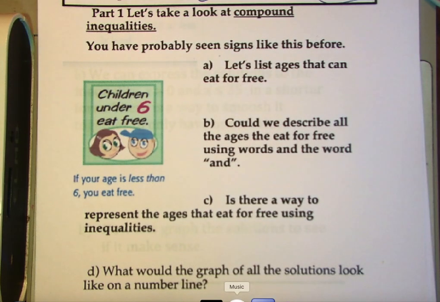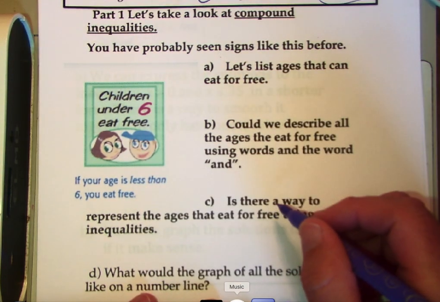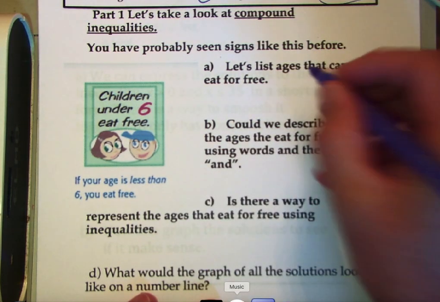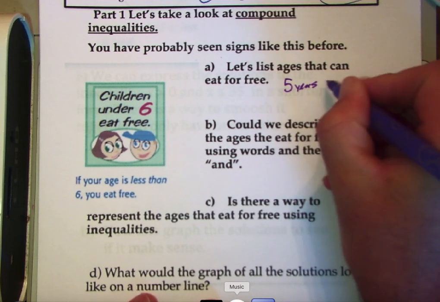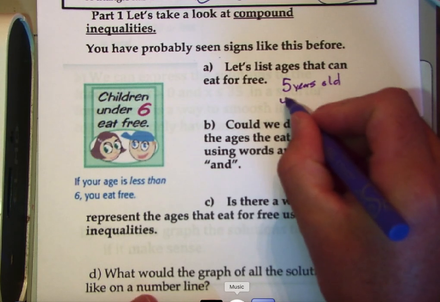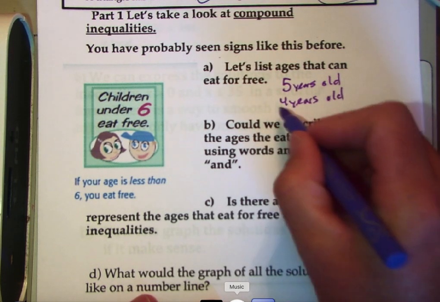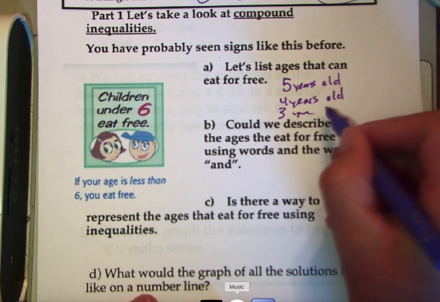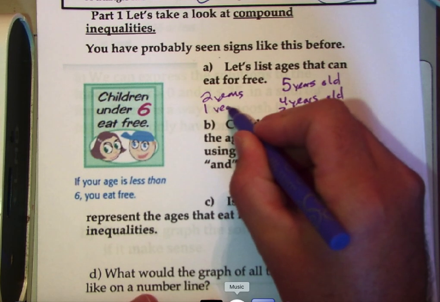So let's list some ages that eat for free. If it says children under 6 eat for free, what are some ages that eat for free? Someone might say 5 years old. I'd be like, sweet. Someone might say 4. I'd be like, great, yeah, 4-year-olds can eat for free. And they'd say 3, and 2, and 1.